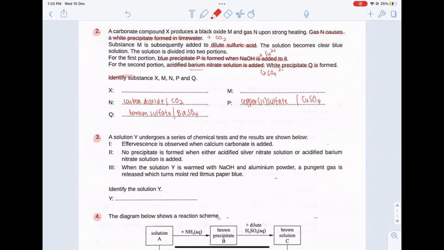A carbonate compound X produces black oxide M. So I think we have our answer that M is copper(II) oxide. And X is a carbonate, so therefore it will be copper(II) carbonate. So you can also write it as CuO or CuCO3.